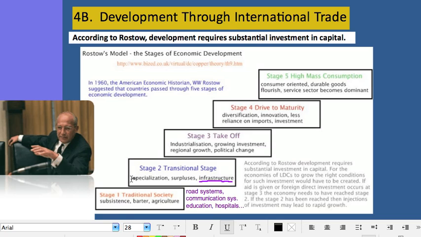So in this stage, they specialize. They start thinking about their infrastructure here, road systems, communication systems, their education and training, and hospitals. What could they do to start developing what they are really good at, so that they can move on to the next stage, which is stage 3, to take off. So during this stage, this is actually when development happens.